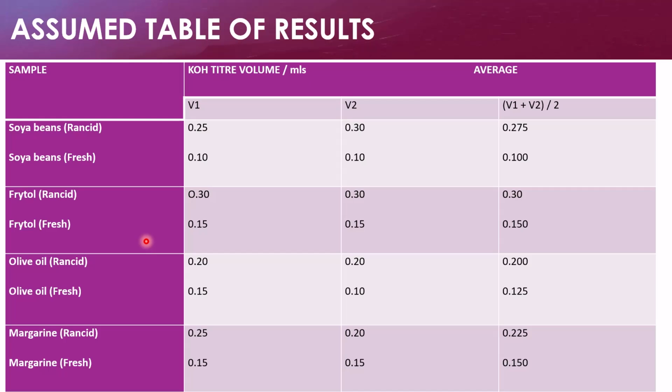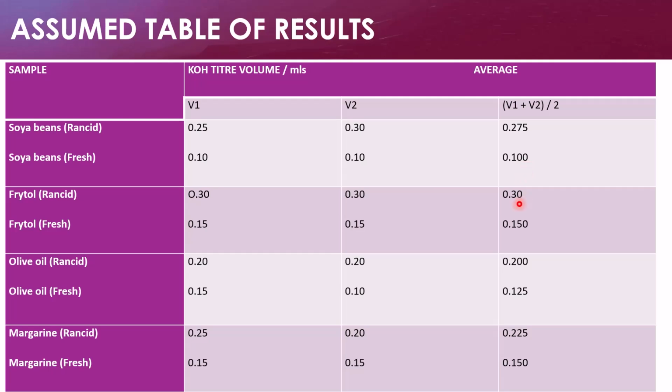Now, this is our assumed table of results showing the titer volume for each of the lipids after subjecting them to titration. For the rancid soya beans, we have an average titer volume of 0.275, and for the fresh we have 0.100.